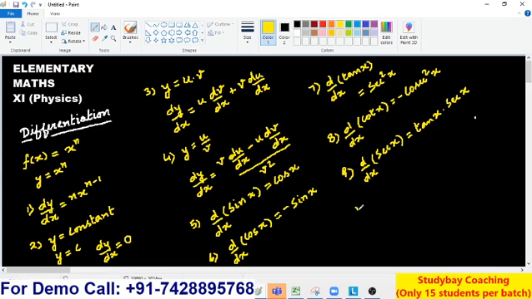Then d by dx of cosec x will be equal to minus cot x into cosec x.